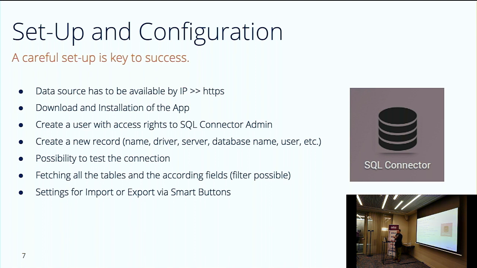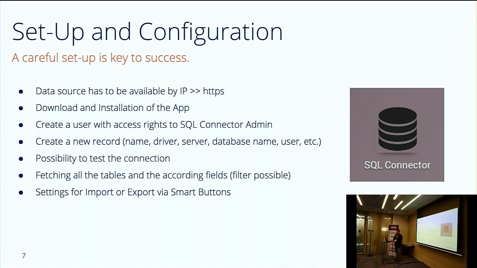And then, of course, you have to download and install the app. Once you have done this, you will get this icon in your Odoo start screen. Next is obvious: you have to create a user with the according access rights, called SQL Connector Admin.